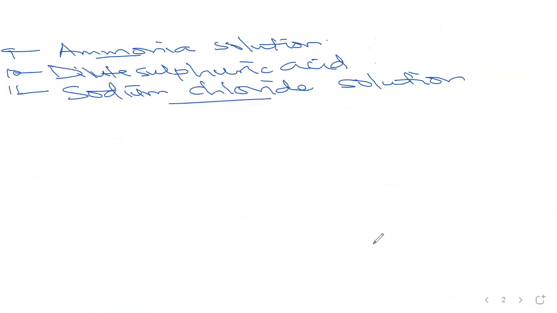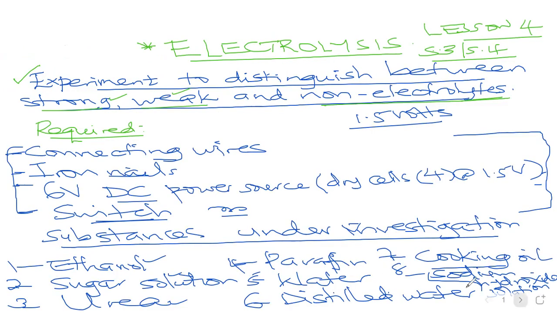You can get ammonia. Some of these may not be available. You can get dilute sulfuric acid, but be careful with those old batteries. Sodium chloride, you can use the common table salt, dissolve it in water. And then you see an exciting experiment if you follow the procedure I'm going to talk about.